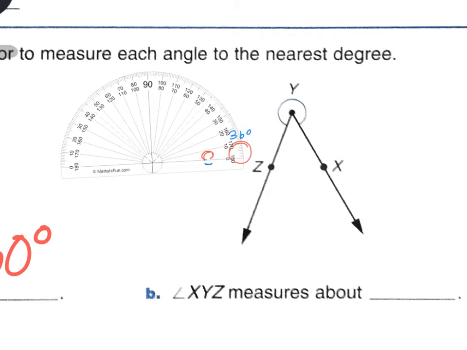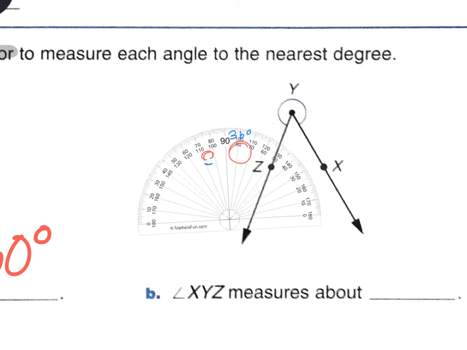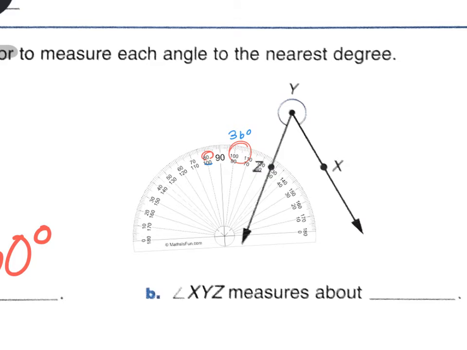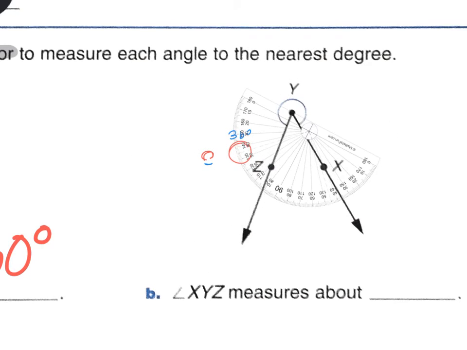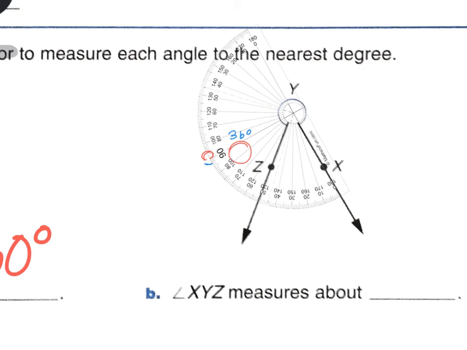Because my protractor isn't big enough to measure this angle Y over here, I'm going to flip it, and I'm going to just measure this inside angle here of this reflex angle. So I'm lining it up, and now I'm upside down for you guys, but it looks like I'm at about 50 degrees, so that's my answer.